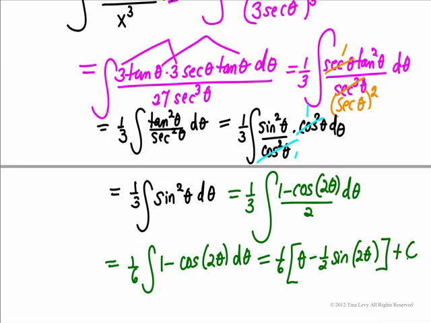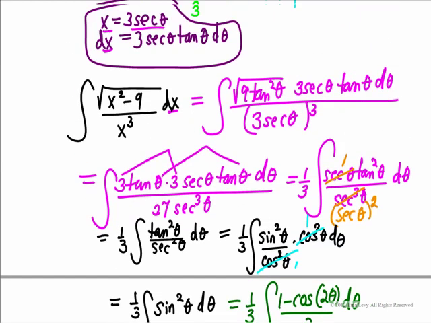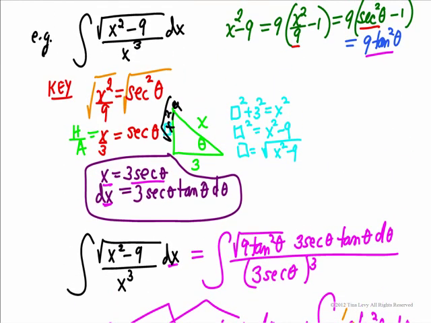Now we're not finished because we have to get our answer in terms of x. So we now have to replace all the thetas and the trig thetas with expressions with x. To do that, we're going to go back here, and I'm going to put the key that I had, especially this part with the triangle.